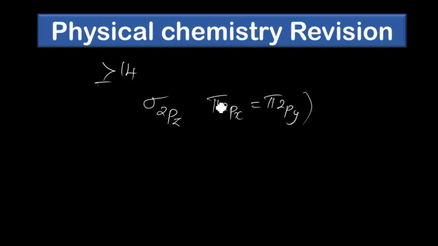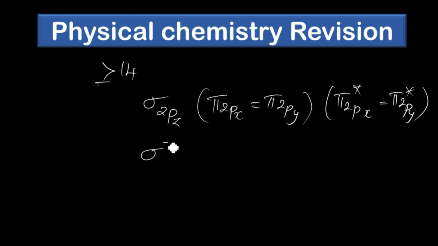In case of the other category, as I told, till 2s it is completely fine. In this case, the problem starts with 2p: sigma 2pz, then comes pi 2px, pi 2py, then pi star 2px, pi star 2py, then sigma star 2pz.